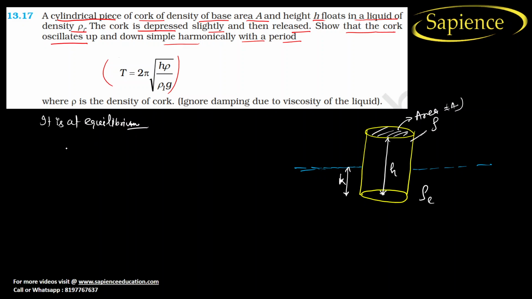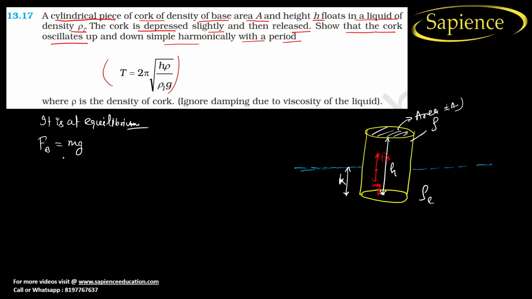So it is in equilibrium. It means that the gravitational force mg acting downward will be equal to the buoyant force F b. So finally we can write buoyant force is equal to mg.